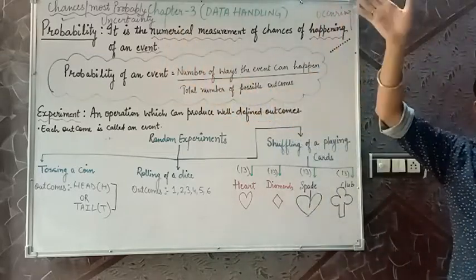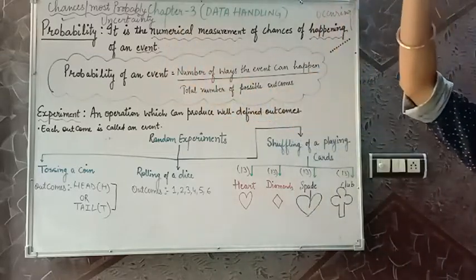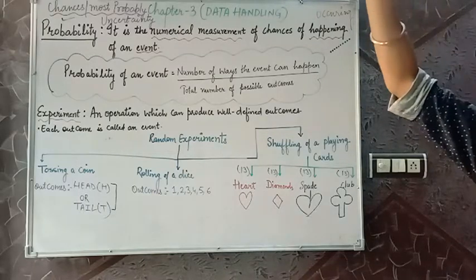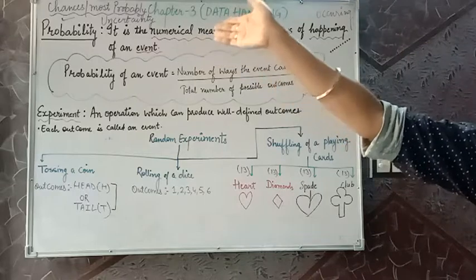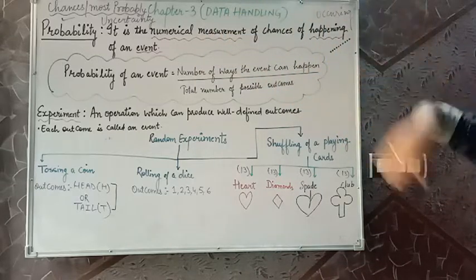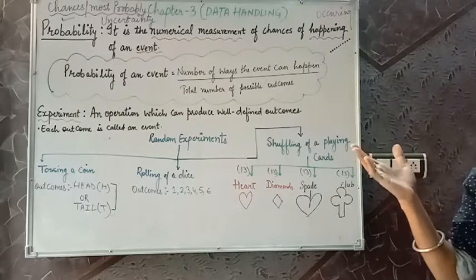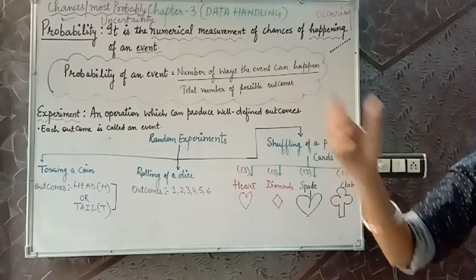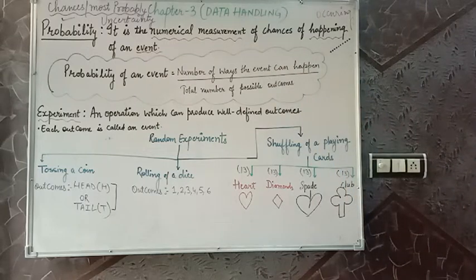Example again, most probably it will rain today. Most probably the chances of the Indian cricket team to win the World Cup is very high. I'm not sure, but I'm guessing the chances are very high. If the event cannot happen, the probability is 0.